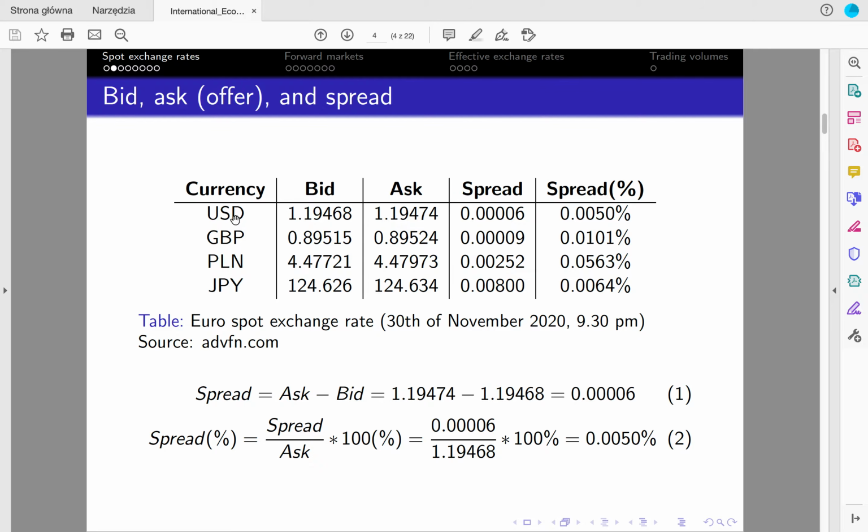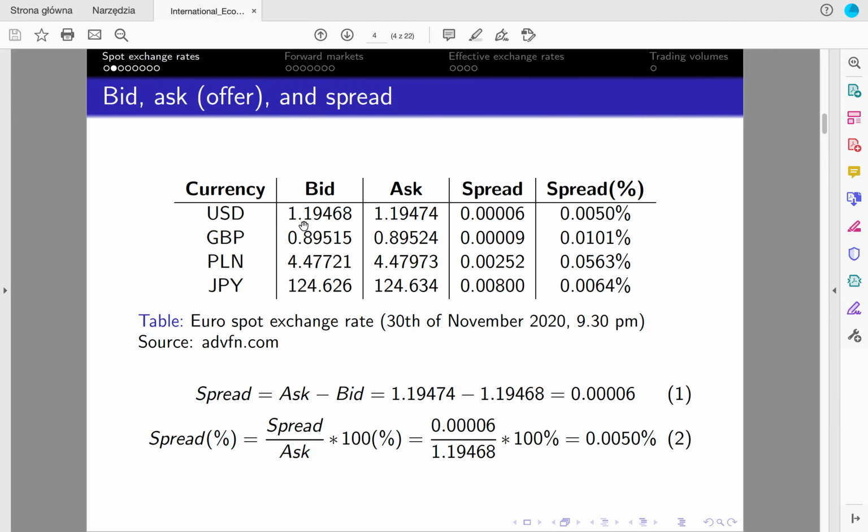First we've got this bid and ask. Well, because remember, when you go to an exchange, when you want to go on a vacation and you need to buy a foreign currency, you also had bid and ask. Ask is sometimes also called an offer.